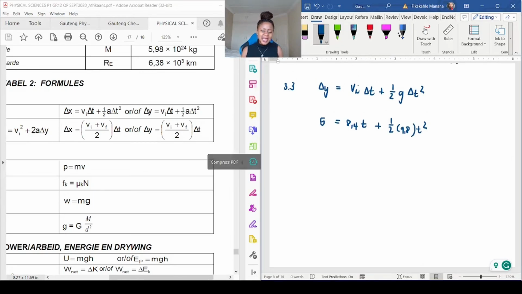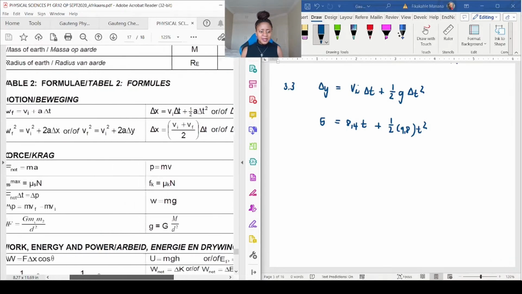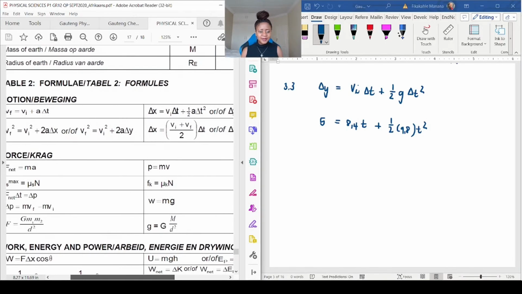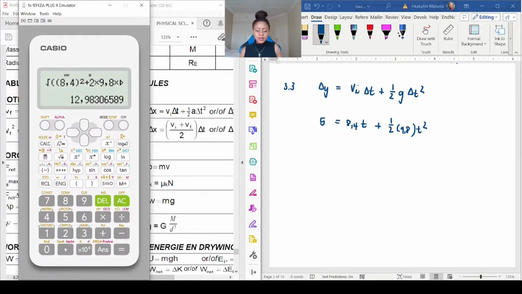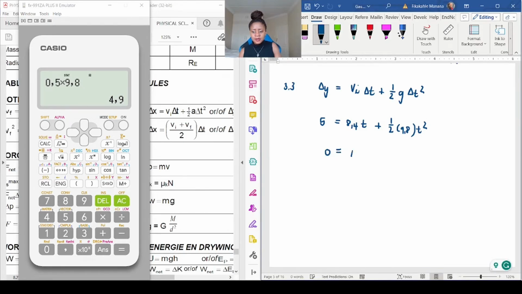Yeah, it's not nice dealing with squares, but I'd rather be safe than sorry. Because like I said, I don't want to use the final velocity that I got previously just in case it's incorrect. All right, so 0,5 times 9,8 is 4,9. So I'm going to do this 4,9 t squared plus 8,4 t minus 5.